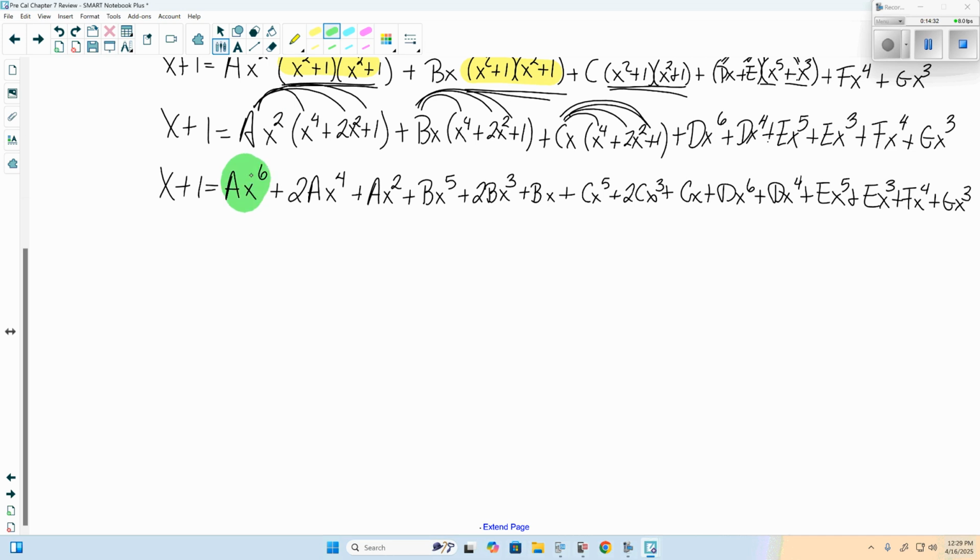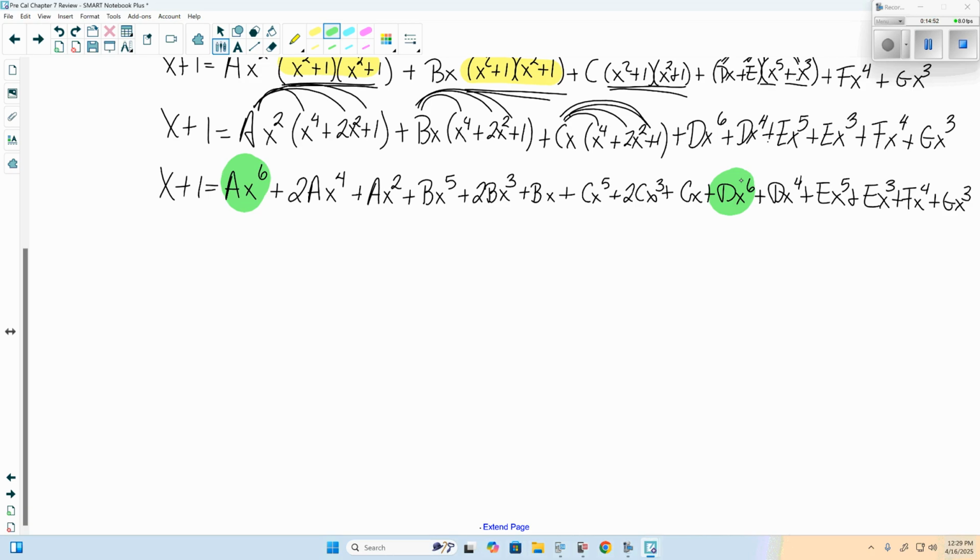So A to the 6th, we have an x to the 6th. The only thing that I can possibly combine x to the 6th with is another term that has x to the 6th. Because those are like terms, yes?